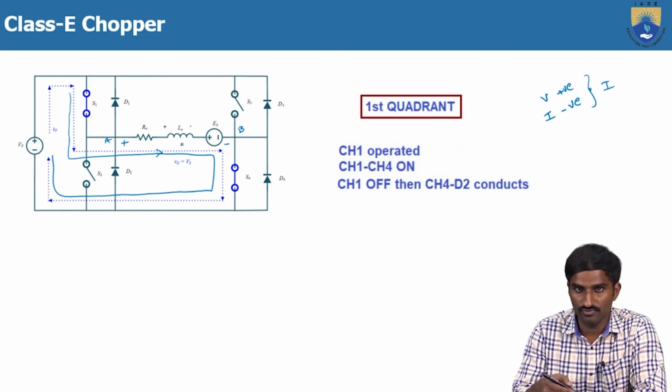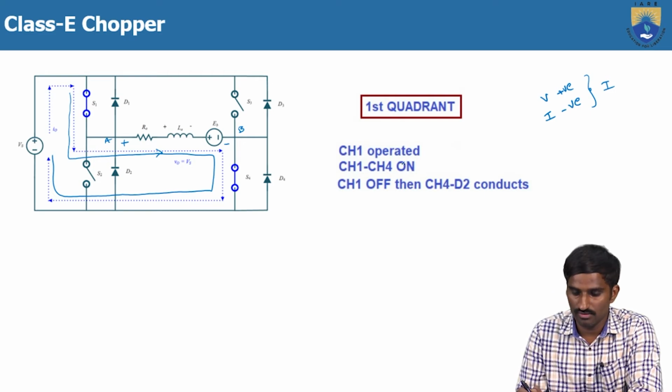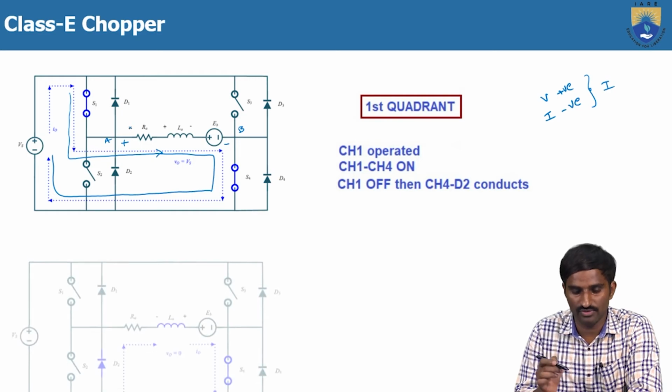And next, because we are saying switch 1 is operating on and off, initially we have turned it on, then we are turning off the switch.